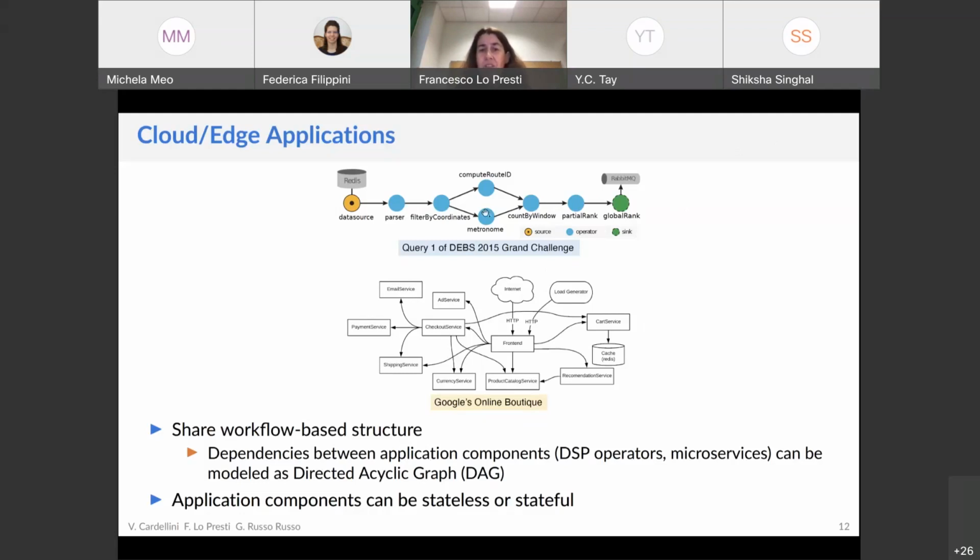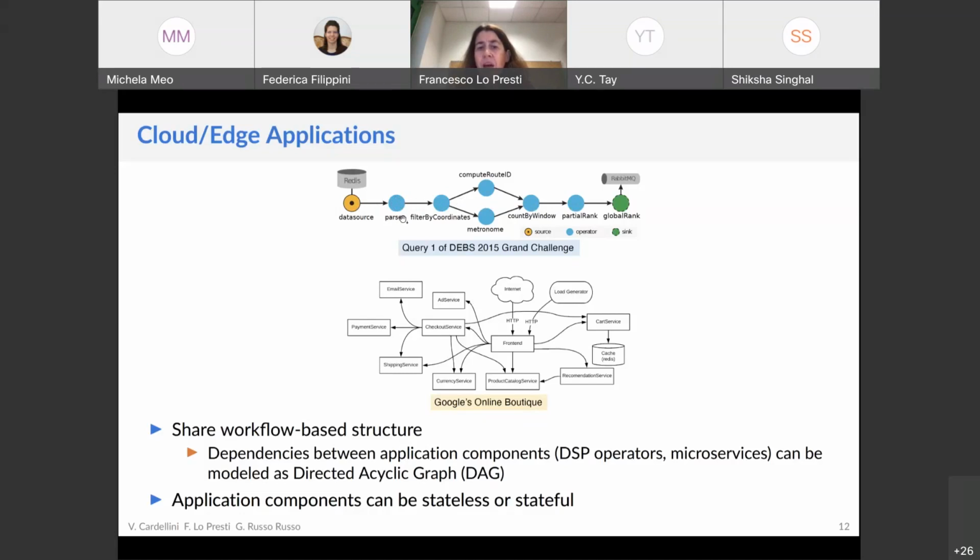The application in this case that you can see on the top is a data stream processing application where you have a sequence of components that are called in this case operators, and you have a continuous stream of data that flows through the components, and each component or operator applies some specific function.